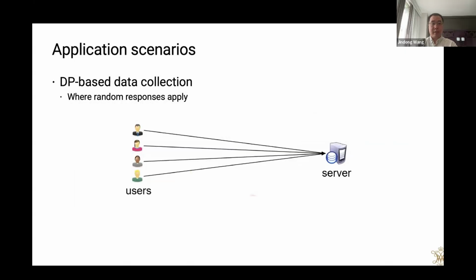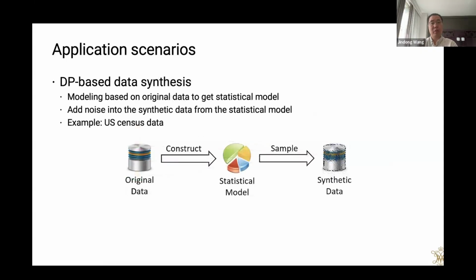And we can also design DP-based data collection algorithms where random responses may apply. You see, these are the users and this is the server. They will aggregate information, and we add explicit noise to help protect their information. And we can also design DP-based data synthesis. We can do the modeling based on original data to get a statistical model, and we can also add noise into the synthetic data from the statistical model. For example, with the US census data, we have the original data when we construct this model, and from this model, we sample some synthetic data.